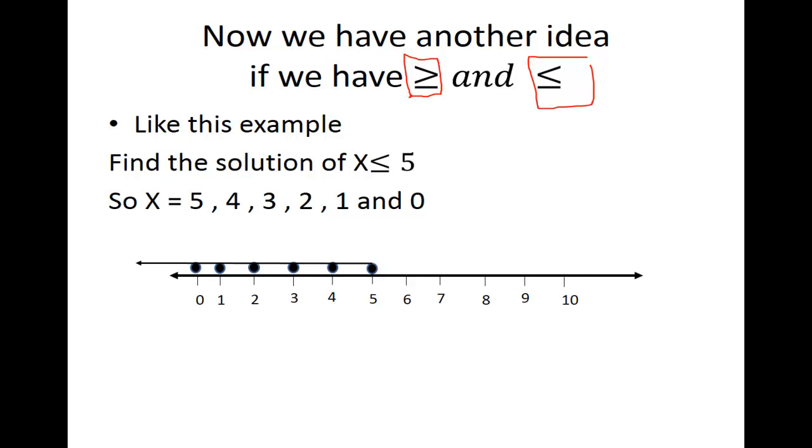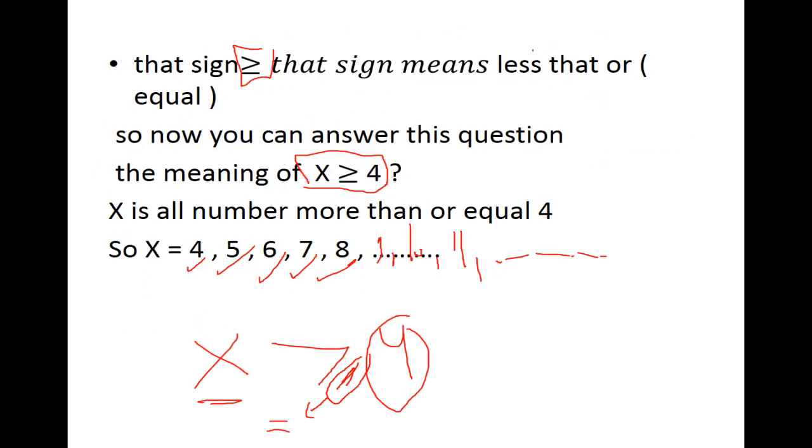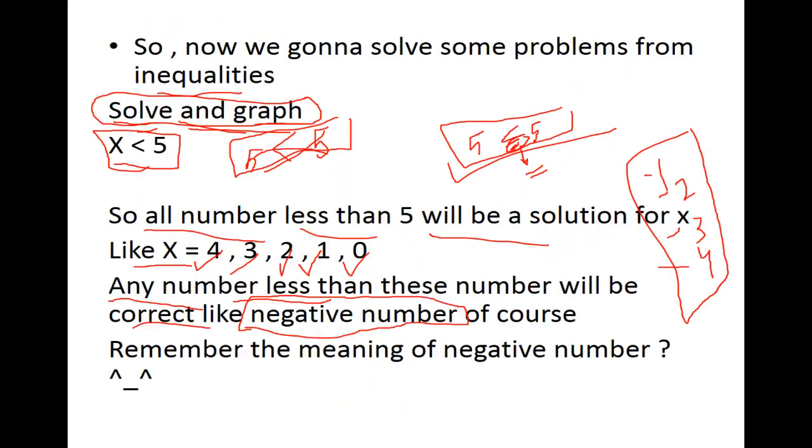So x will equal all the numbers less than 5. So 4, 3, 2, 1, 0. Like this example: x less than 5, so x will equal 4, 3, 2, 1, 0.